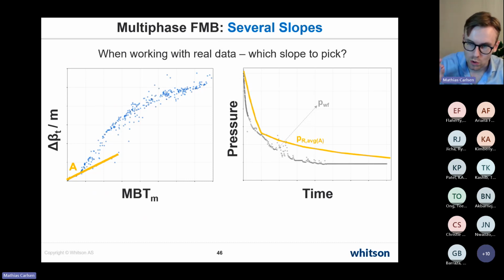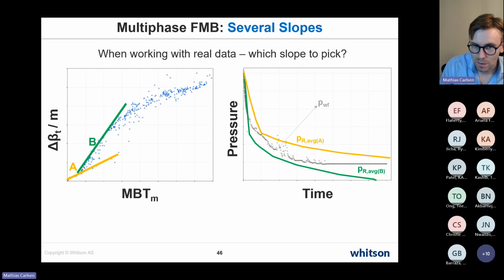And that's the most important QC, and you would like to make sure that this line, the yellow slope, and whatever the average pressure here gives you an average pressure that's above the bottomhole pressure. If we pick slope B, what will happen is that we'll get an average pressure that's below the bottomhole pressure. So obviously this slope is not correct.